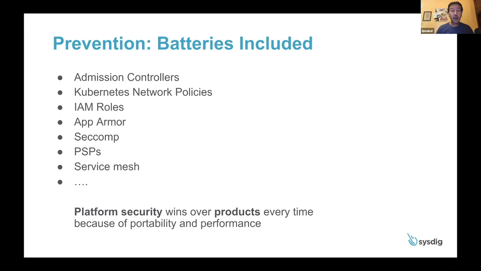There are also network policies, which are a generic plugin-based framework for layer 3 segmentation on Kubernetes. IAM roles, AppArmor profiles for essentially being able to reduce the surface of what containers do, SecComp, similarly, pod security policies, and service meshes like, for example, Istio.